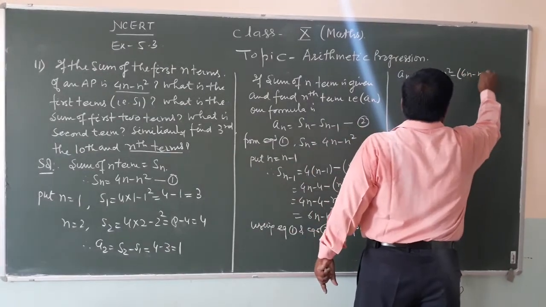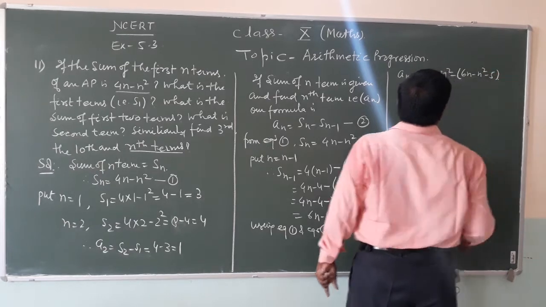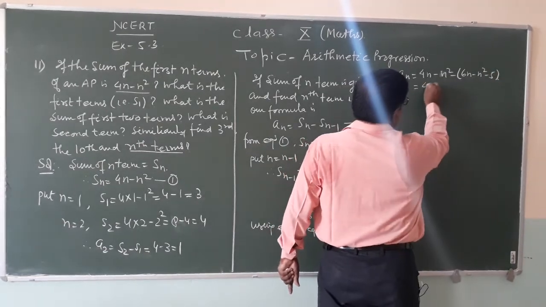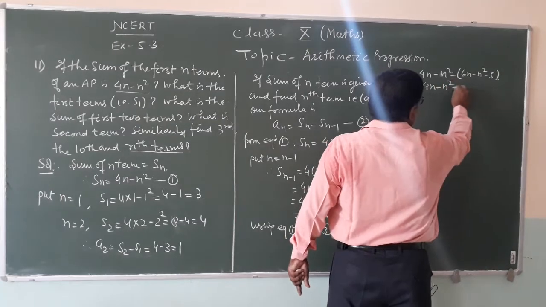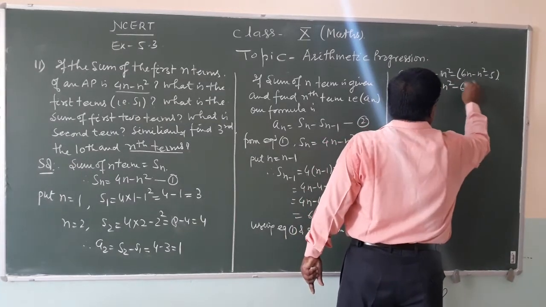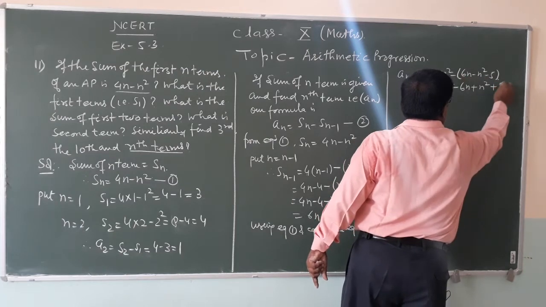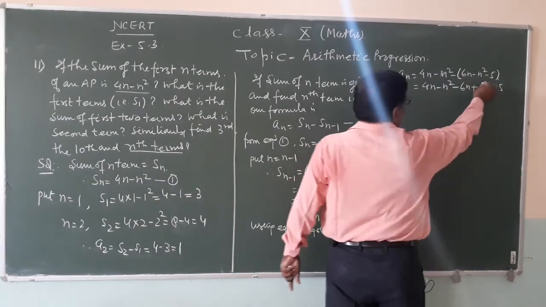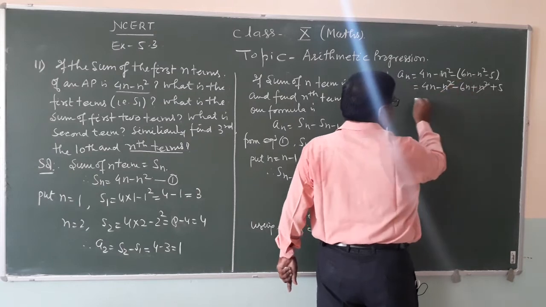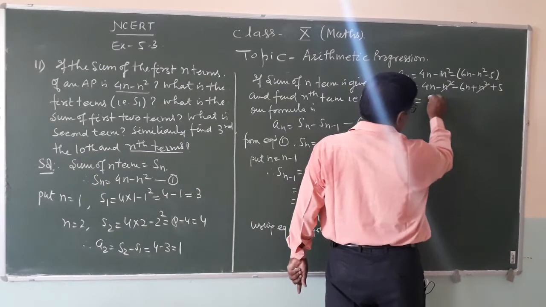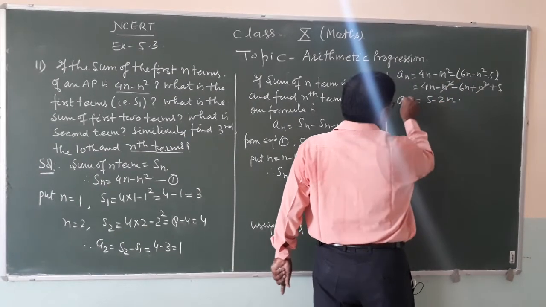This can be written as 4n minus n square minus 6n plus n square plus 5. So, cancel n square and n square, and this can be written as 5 minus 2n. This is an.